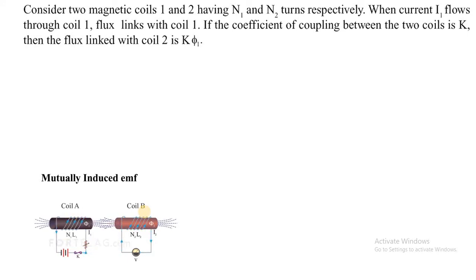In our example, we have taken K as 0.5 and phi 1 value is 100. So 0.5 into 100, how much is the flux linked with coil 2? 0.5 into 100, 50. Are you getting it? Yes, ma'am.